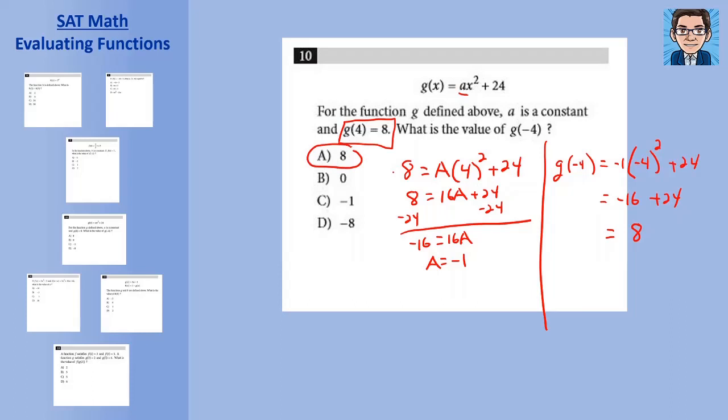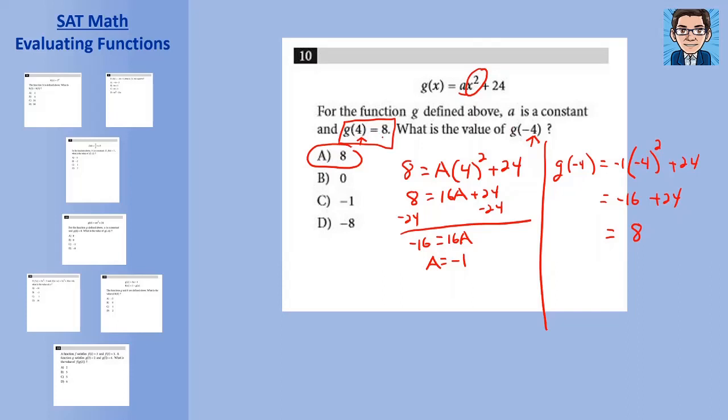Now, much easier way to do this, however, if we were to notice that we're taking g of 4 and g of negative 4. If we put a number into x squared, since we're squaring it, if we put in 4 and square it, and put in negative 4 and square it, we're going to get the same thing. So g of 4 in this case is going to be the same as g of negative 4.